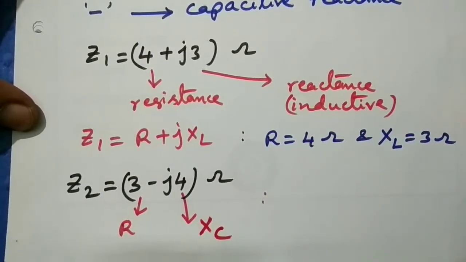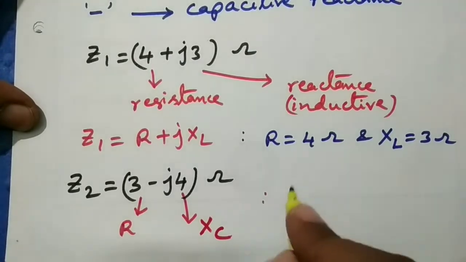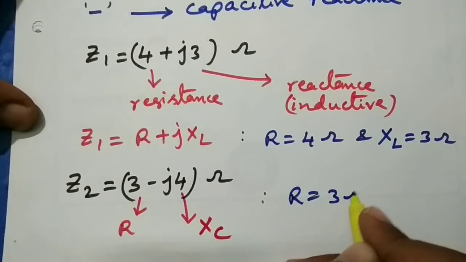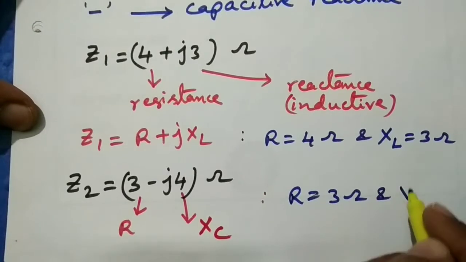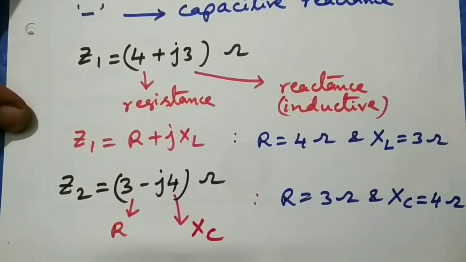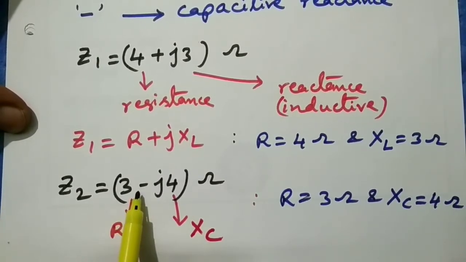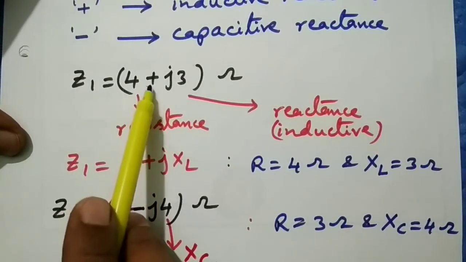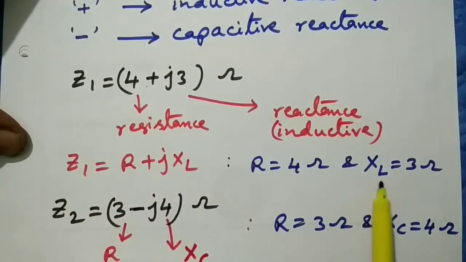So here the R is 3 ohms and XC is 4 ohms. Remember, the minus sign indicates the nature of the reactance, that is a capacitive reactance. It doesn't mean the value is minus 4 ohms. It indicates only the nature of the reactance. Plus means it will be the inductive reactance and minus means it will be the capacitive reactance.